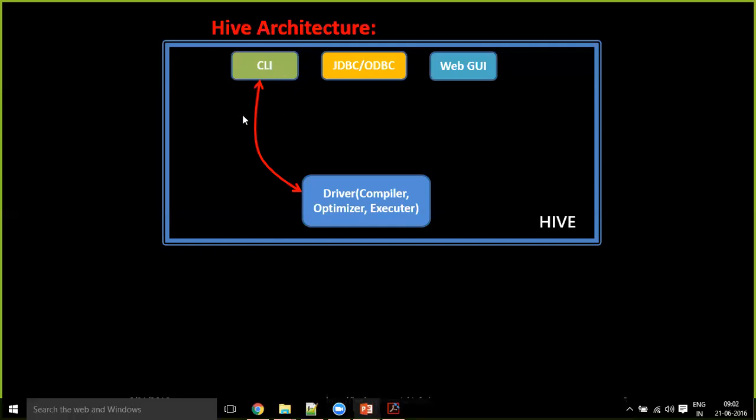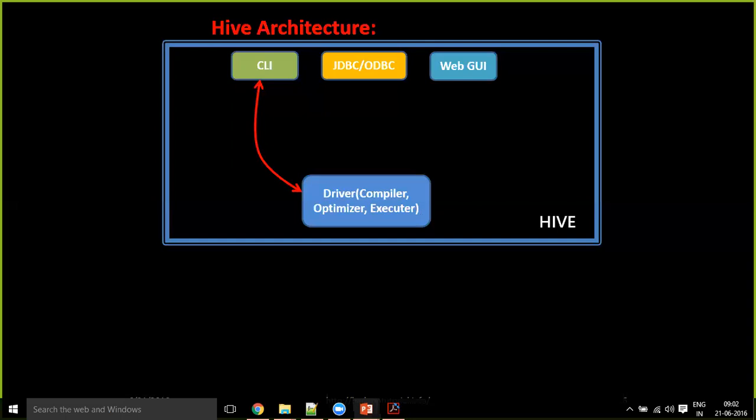Next, the CLI. No matter which way you send your commands, same as in your pig architecture, if you remember, this is like your grunt shell and this is like your pig engine. Here we call it the Hive driver. Inside that driver, same as in the pig engine subcomponents, we have a compiler, optimizer, and executor.